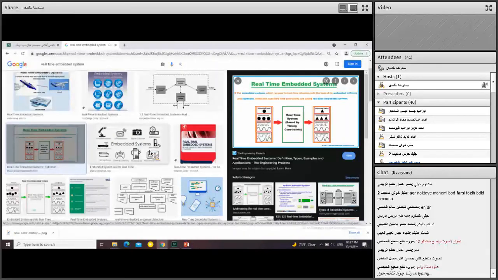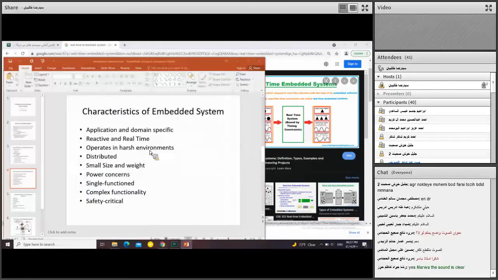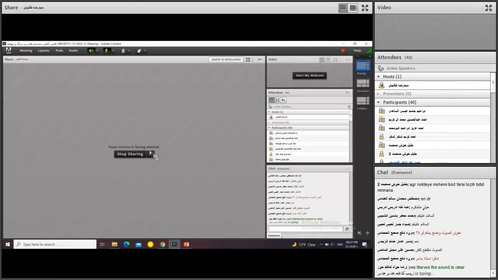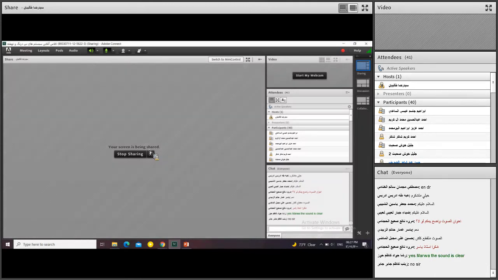I'm not sure, do you have any group on WhatsApp or no? Okay, for example, one of you can make a group on WhatsApp and I can send you some of these figures that we randomly found on the internet. These figures can help us to better understand.